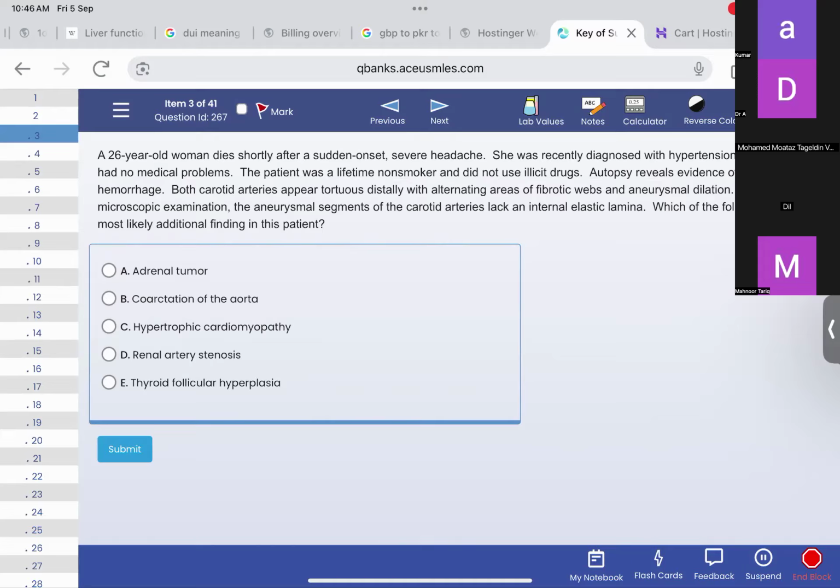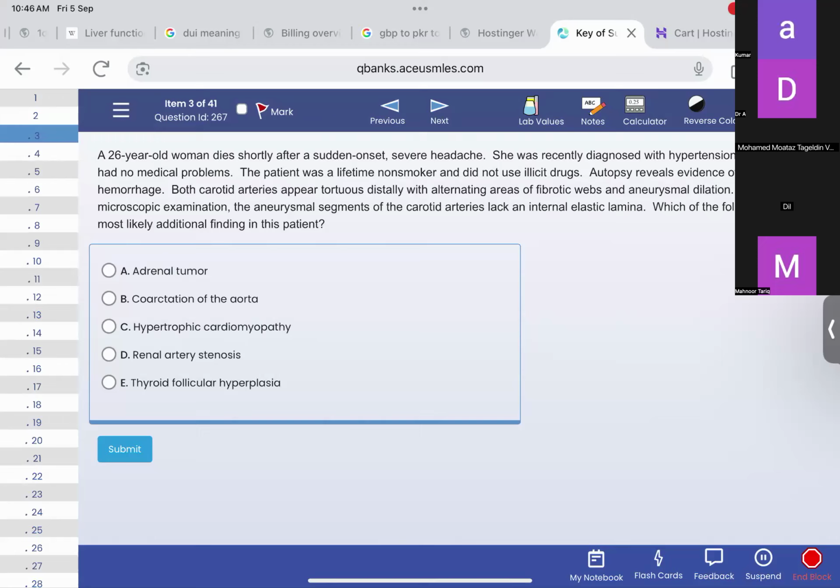Both carotid arteries appear tortuous distally with alternating areas of fibrotic webs and aneurysmal dilation. On microscopic examination, the aneurysmal segments of the carotid arteries lack an internal elastic lamina. Options: adrenal tumor, coarctation of the aorta, hypertrophic cardiomyopathy, renal artery stenosis, thyroid follicular hyperplasia.